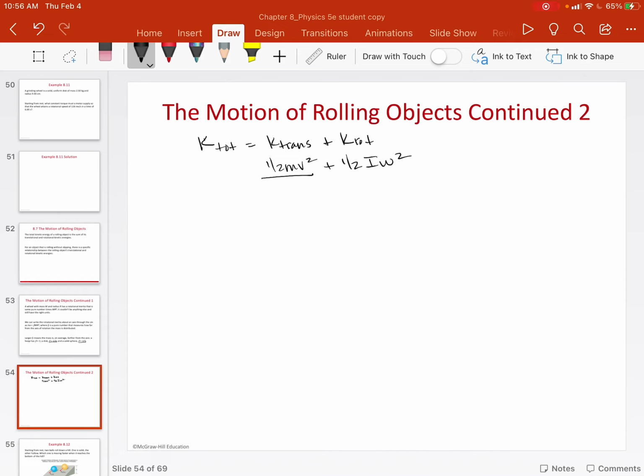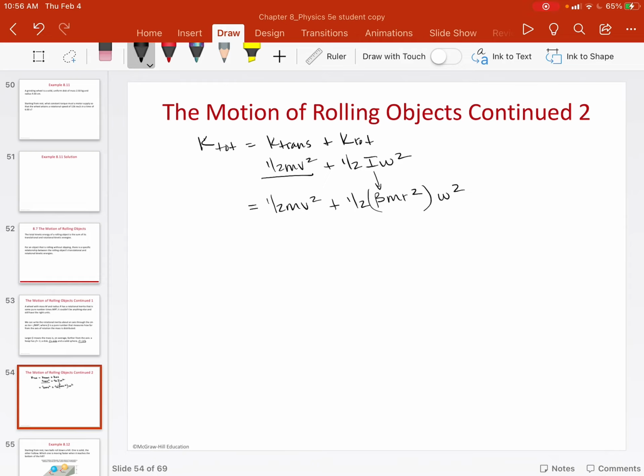This doesn't change. It's always that. But this one is dependent on that, whatever that beta is, and that's based on whatever shape the object is. So it's beta m r squared times that omega squared.